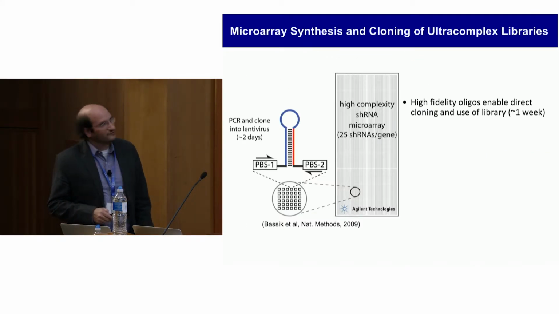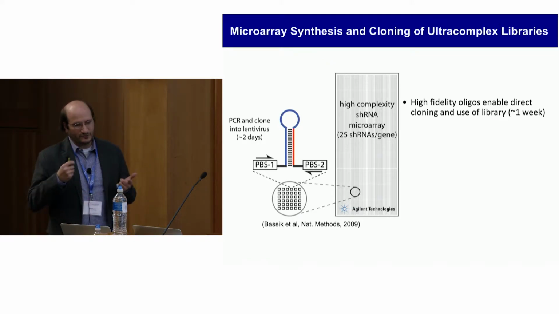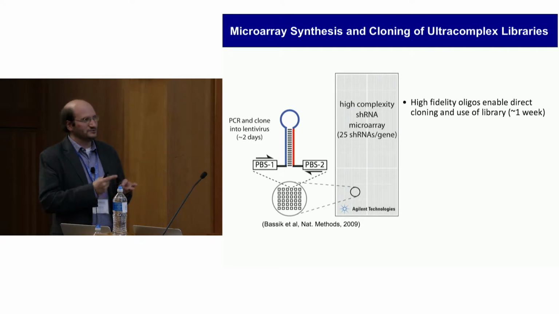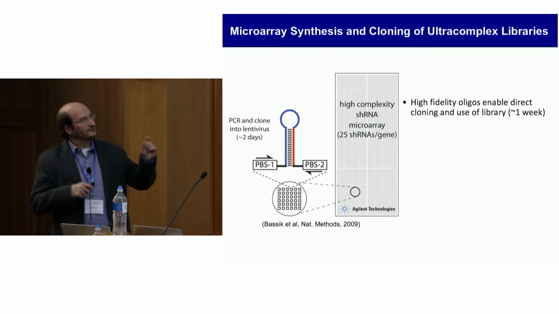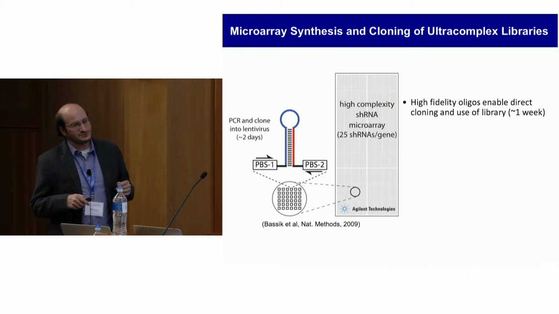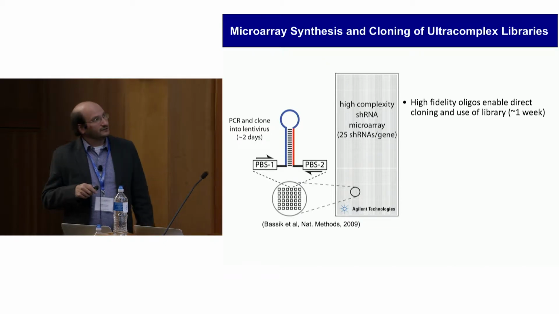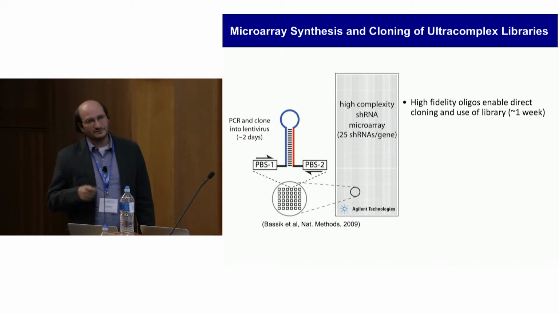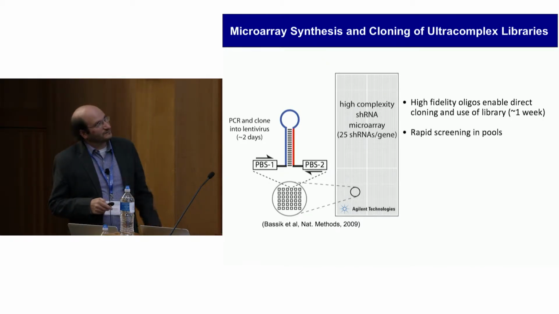Our platform that we built together with Agilent builds on work from Steve Elledge, Greg Hannon, George Church, and many others who had used microarray-based synthesis to not just make one shRNA, but to synthesize tens or hundreds of thousands of different guide RNAs or shRNAs in one shot. And you can clone these, because the oligos are high enough fidelity, directly into a lentiviral vector in about a week, plus or minus.